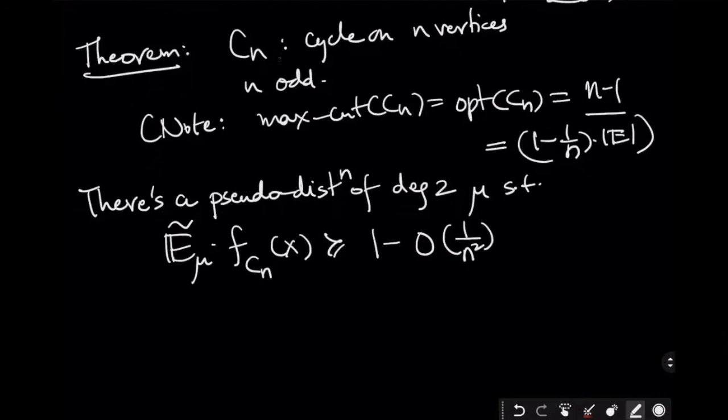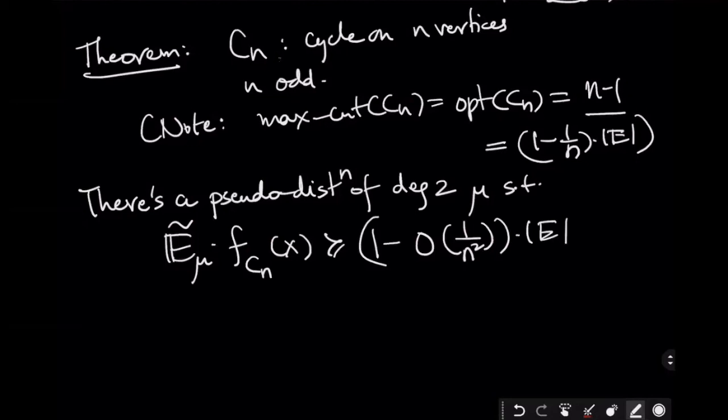So notice that 1 over n square is tinier than 1 over n, and in fact it gets tinier and tinier as n increases. So this value here is much larger than the true max cut.